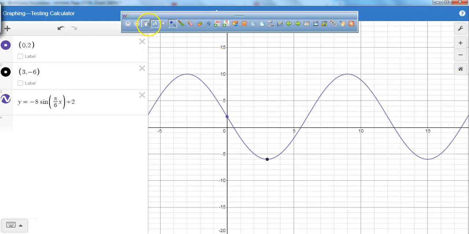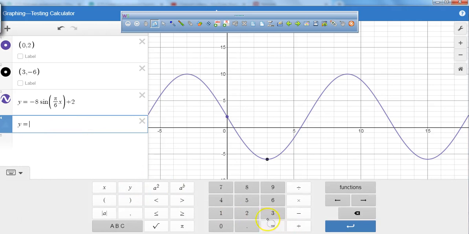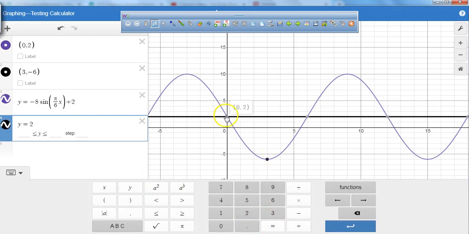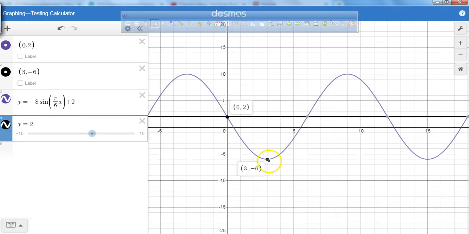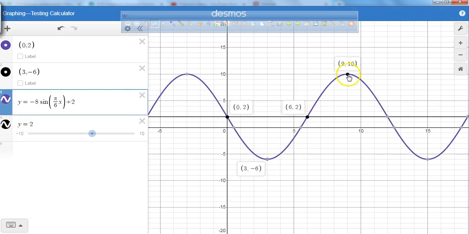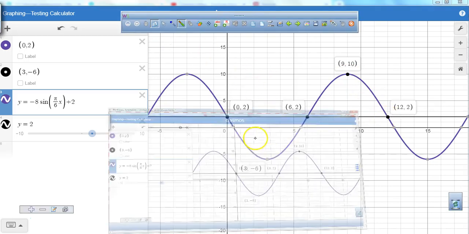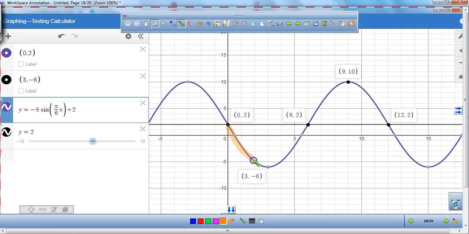On this graph, it starts here. It goes through 3, -6. I'm going to type in the midline. Our midline is y equals 2. That should bring up some more points for you. So we have 0, 2, 3, -6, 6, 2. We've got up here the maximum at 9, 10, and it finishes right here. I wanted you to see the whole graph. It goes from here, goes down, all the way back up.